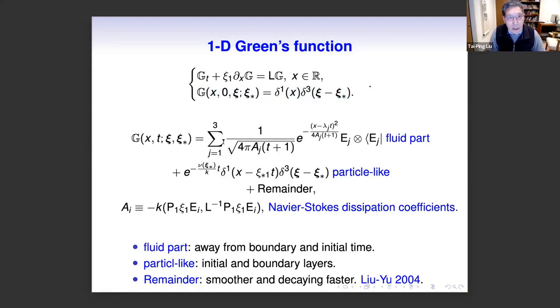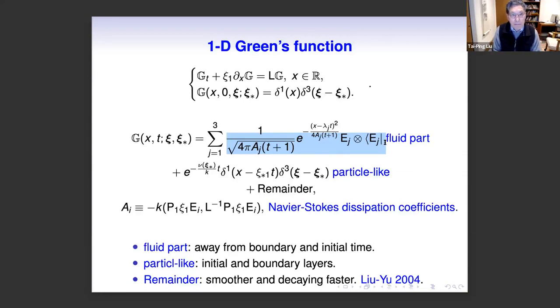There are two main parts. One is the fluid part, and this fluid part really is quite simple. It's just a heat kernel, but with velocity lambda j, which is the Euler speed, and there's an aj there, which is a dissipation, and this is from the Navier-Stokes equation.